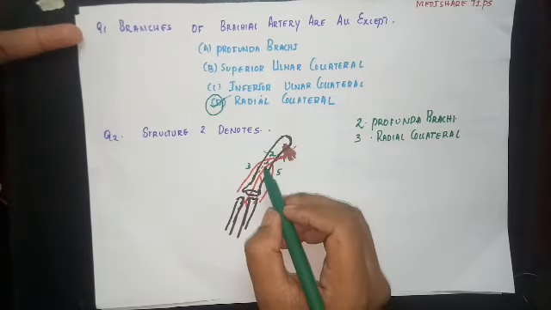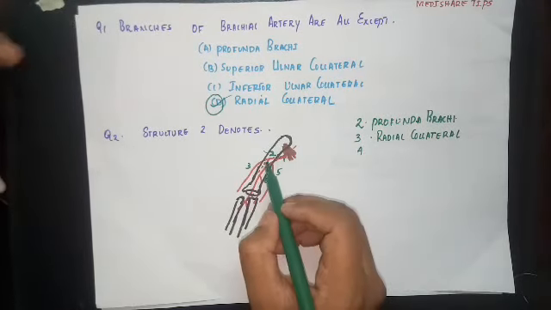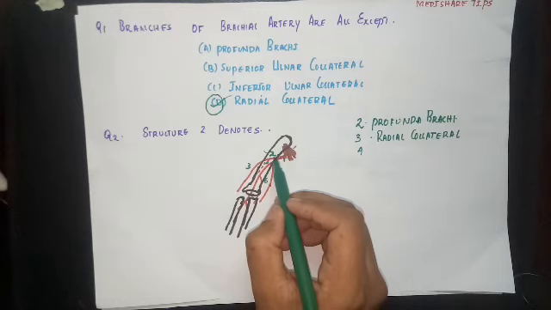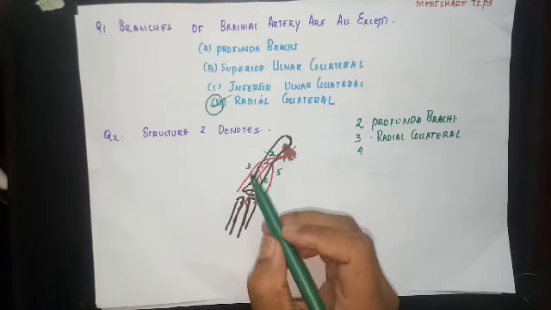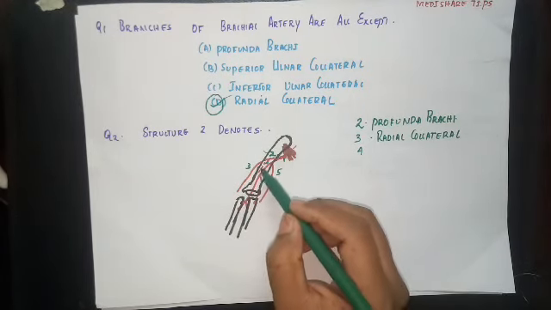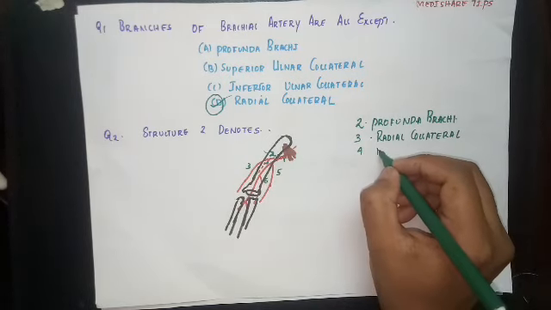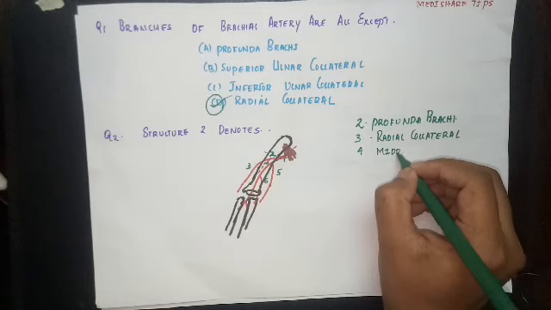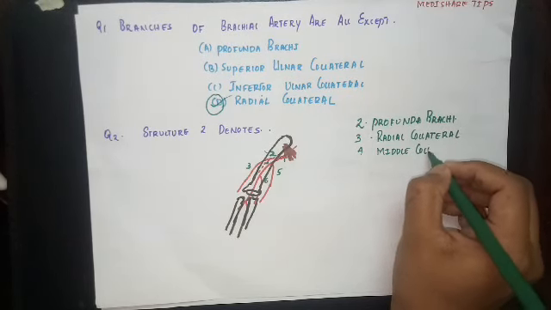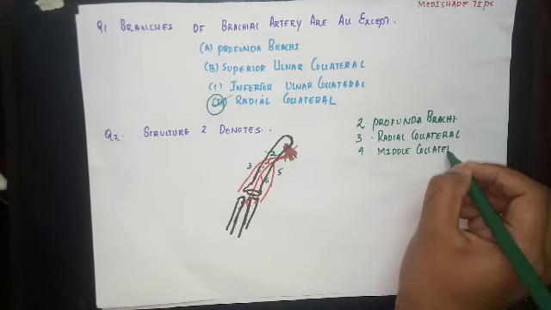And the structure which is marked as 4, which is also arising from the profunda brachial artery, is descending posteriorly. So it is a posterior descending branch which is also called middle collateral branch of profunda brachial artery.